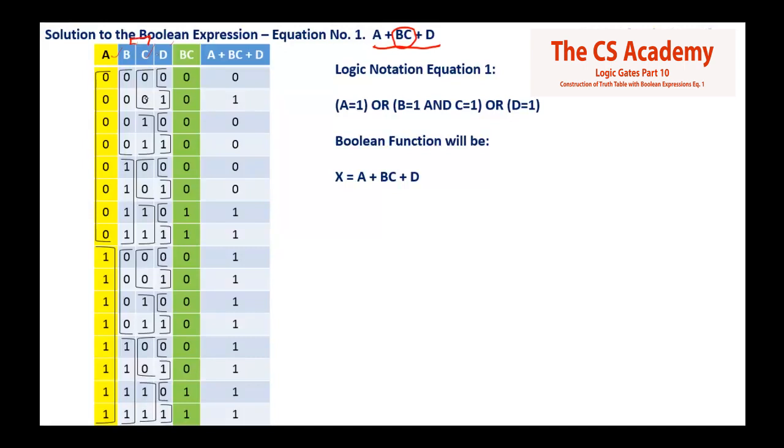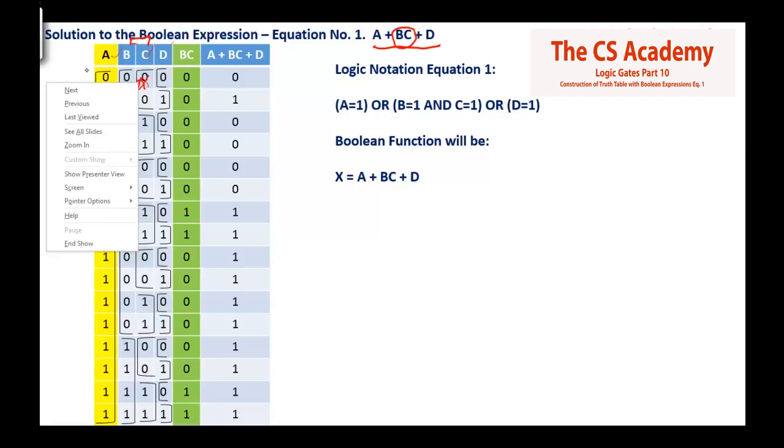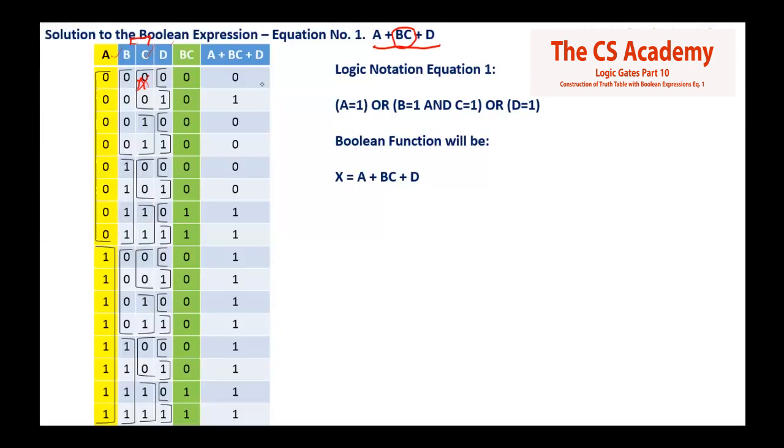So BC is here, that means B and C must be multiplied, right? So if they are multiplying, that means if I'm putting a times sign over here, the output will be 0, right? So you can see this is a 0, B, C, and here you just look for the rows where they are giving you output as 1. So this is the case.